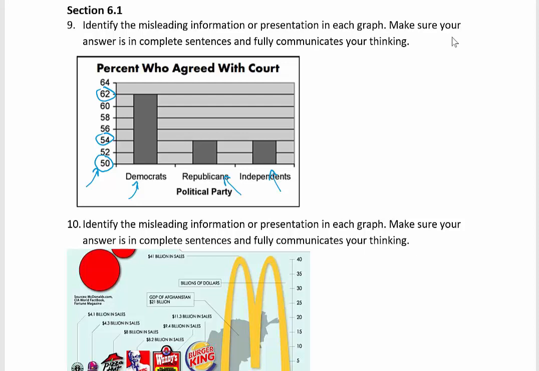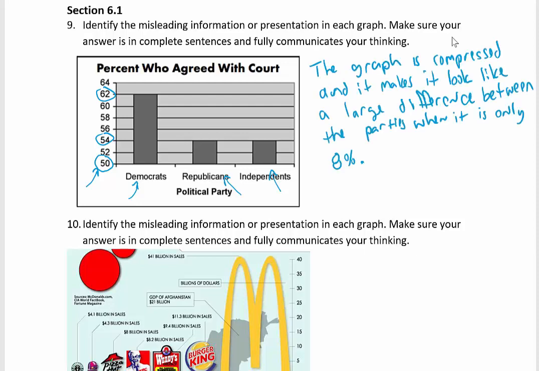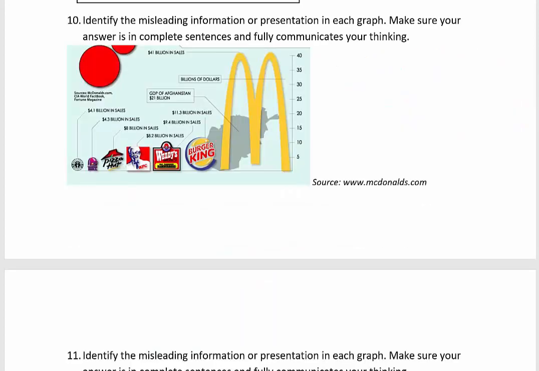So it's really a small difference, but the compressed graph makes it larger. So the misleading information here is, we would say, the graph is compressed, and it makes it look like a large difference between the parties when it's only 8%.